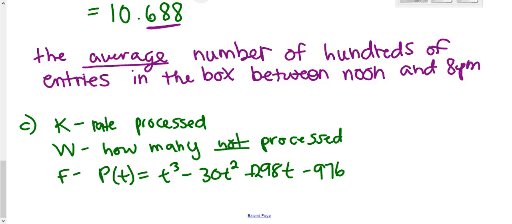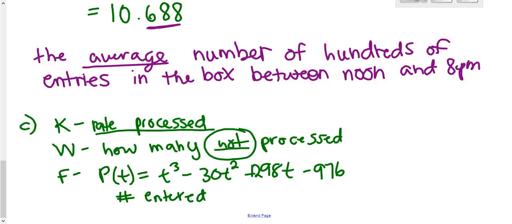To find how many were not processed, we would need to do the number entered, so how many total, minus the number processed. And then we will be able to get how many were not processed.